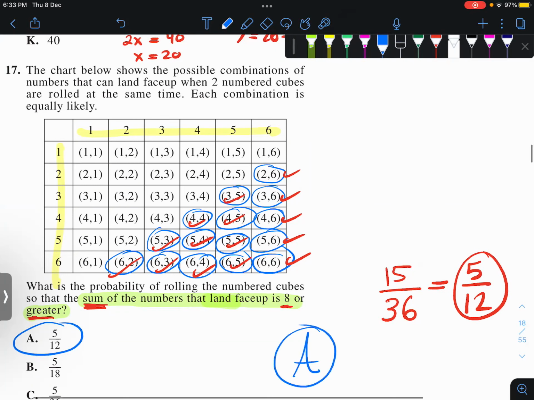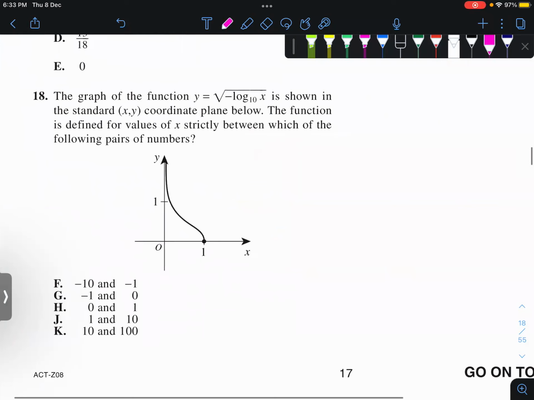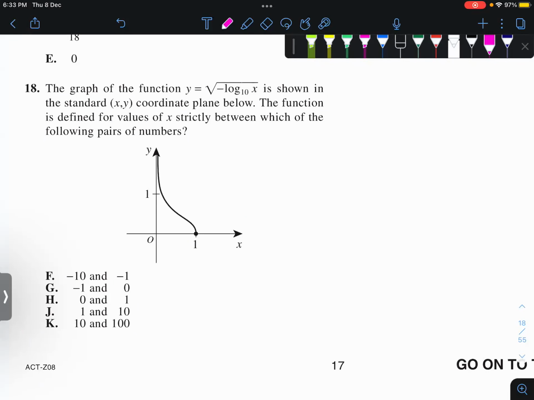Number 18. The graph of the function y equals the square root of negative log base 10 of x is shown in the standard coordinate plane below. The function is defined for values of x strictly between which of the following pairs of numbers?